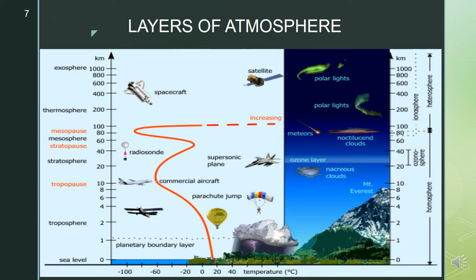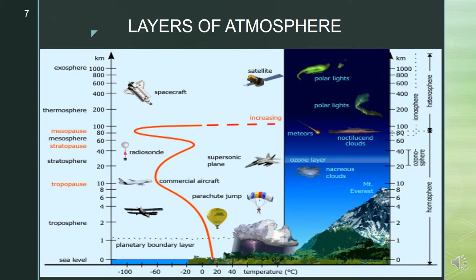Mesosphere is about 60 to 85 kilometers. Thermosphere is between 200 to 690 kilometers and the exosphere is 1000 to 10,000 kilometers.